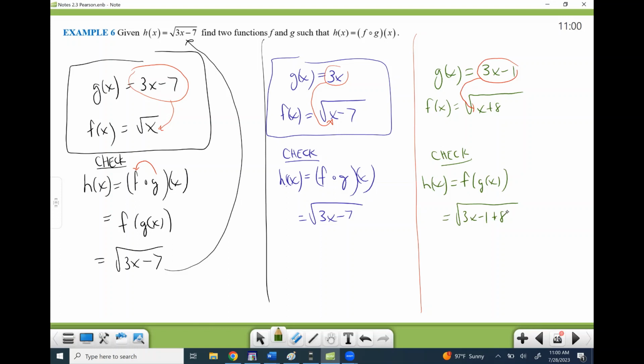Let me do some fixing here. I think this guy needs to be a plus and this guy needs to be a minus. Just kidding. Take two. Let's try this again. If we substitute 3x plus 1 in where the x is, then we have 3x plus 1 minus 8, which would get you 3x minus 7 like we wanted.